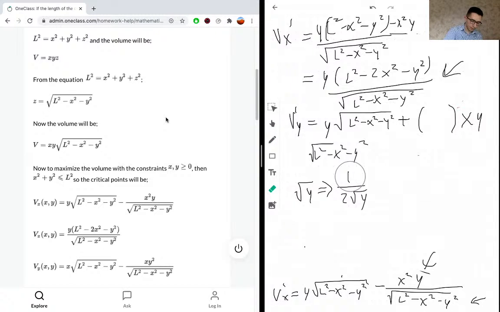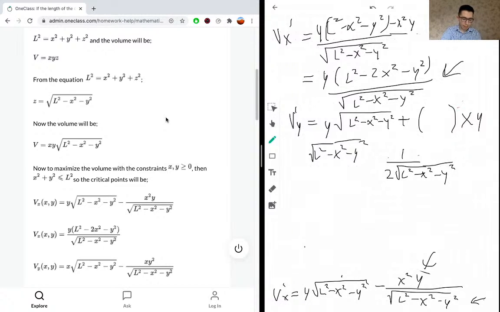So knowing this, we'll do the derivative of the outside, which is 1 over 2 square root L squared minus x squared minus y squared, multiplied by the derivative of the inside component. So it would be multiplied by negative 2y. So the 2's cancel out here.